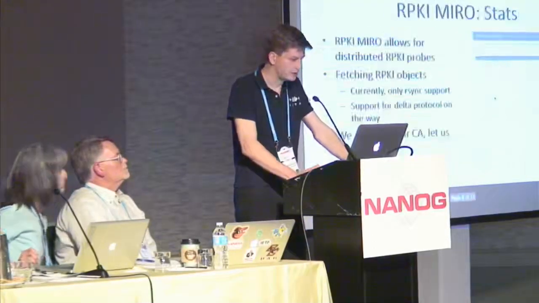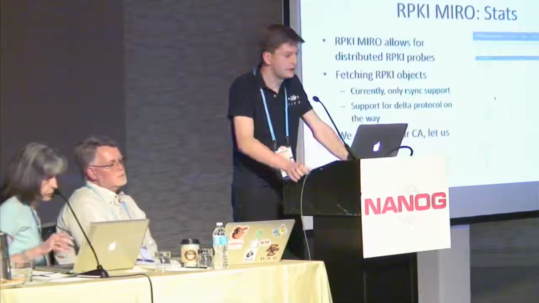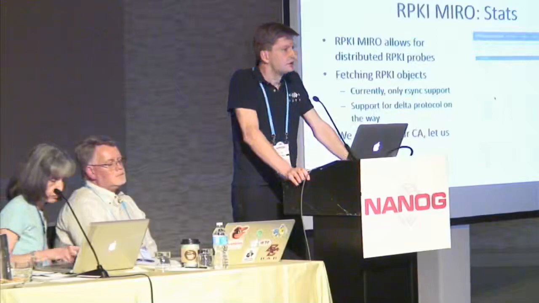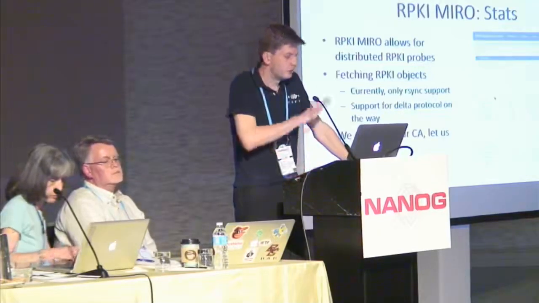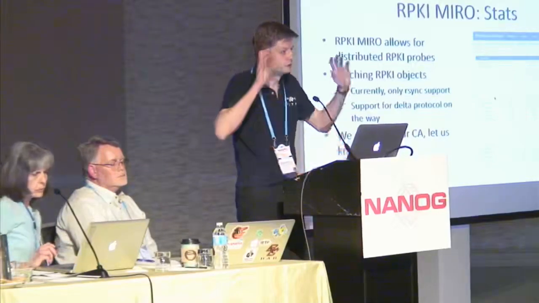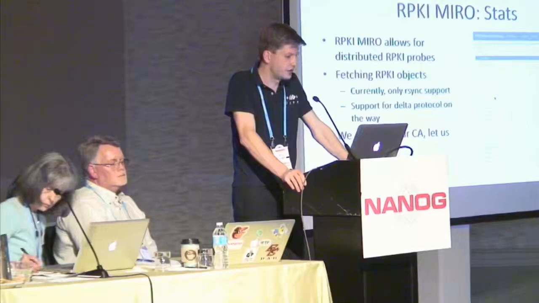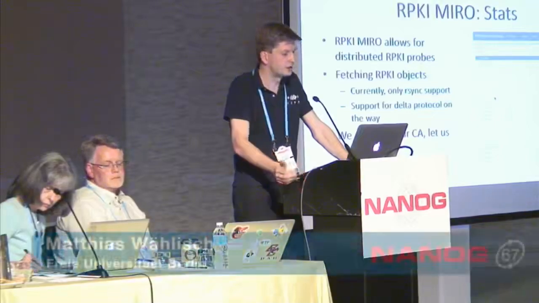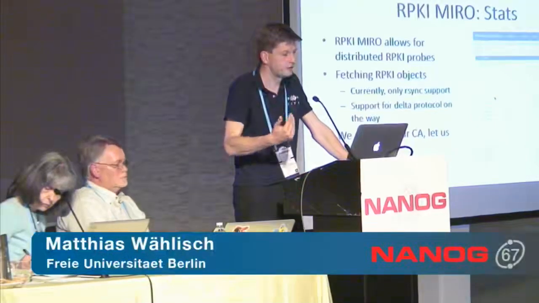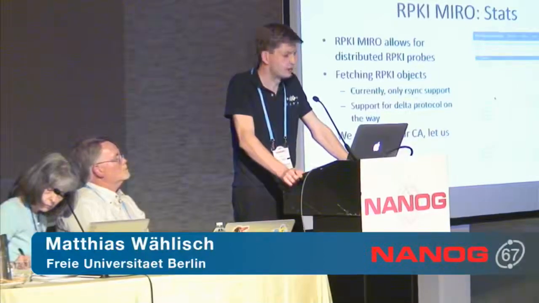At the back end, this framework supports distributed probes, such that you can monitor the distributed repositories from different vantage points and see if there are inconsistencies or not. At the moment, it only fetches the data from the repositories using rsync, but we're also working on supporting the RRDP protocol.